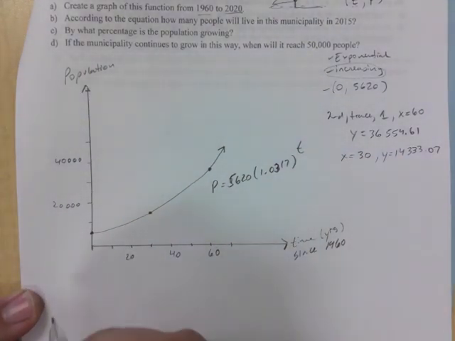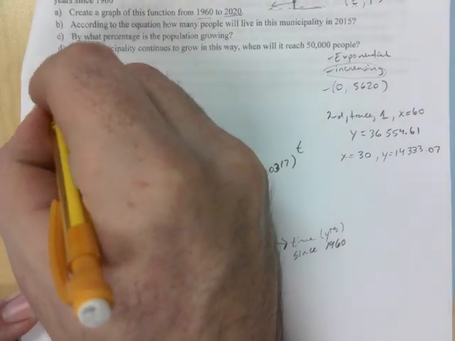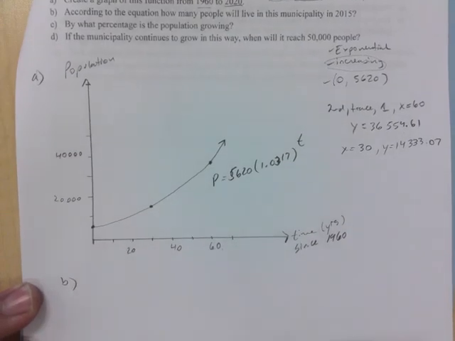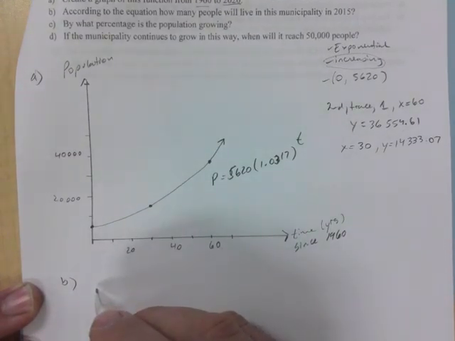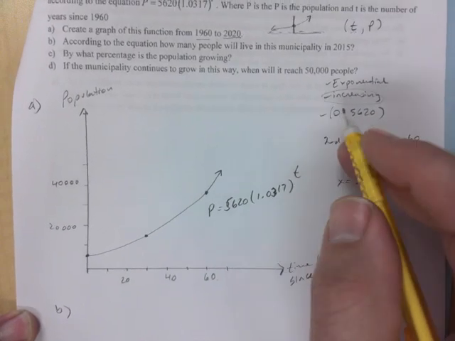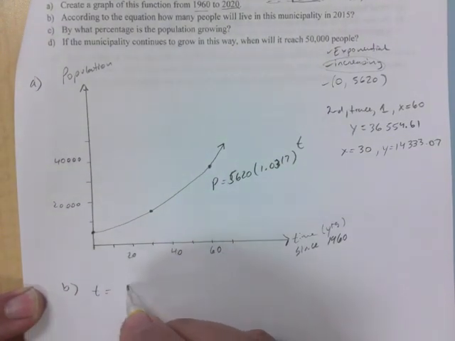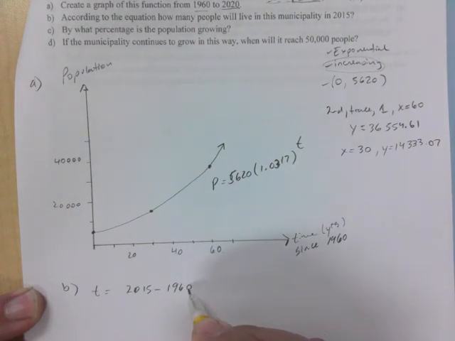All right, so that's my graph. So this, you kind of should know by now how the steps work. According to the equation, how many people will live in the municipality in 2015? So that's time, right? It's an indication that we can figure out time. So time would be 2015 minus 1960, right? And that's 55.